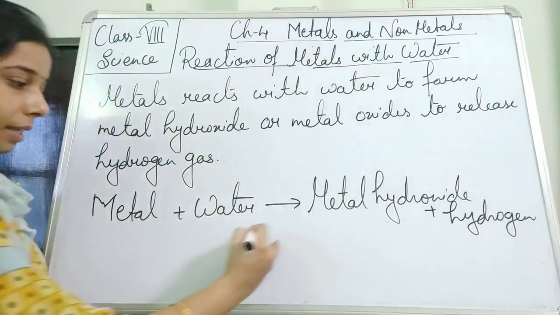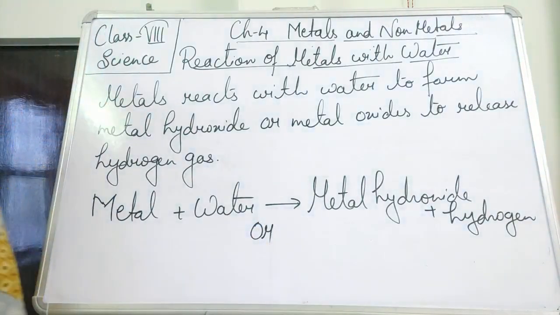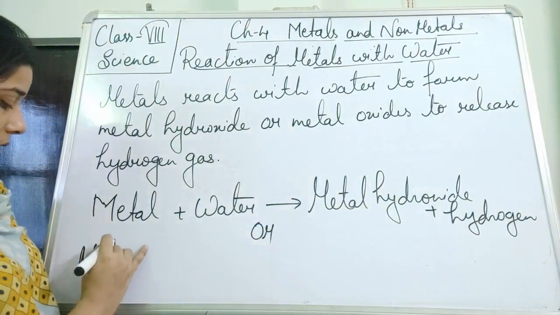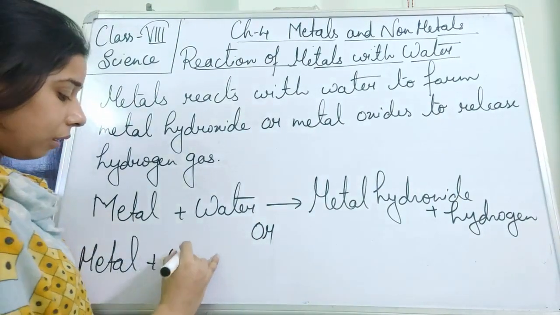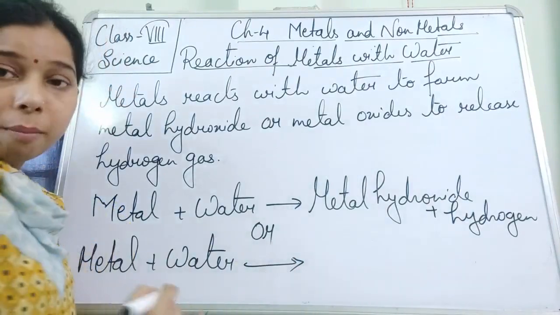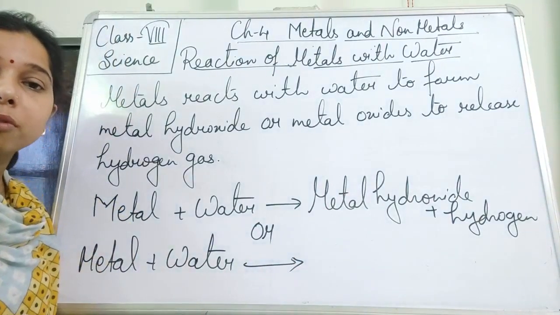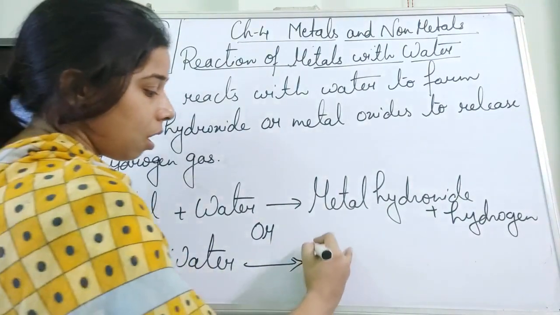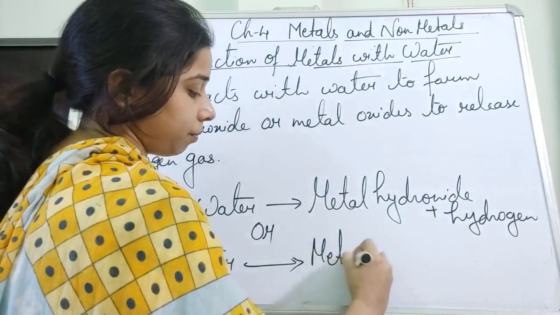Now, another kind of reaction also happens when the metal reacts with the water. Like we have seen in the case of oxygen, it forms metal oxide. Here also some of the metals form metal oxide plus hydrogen.